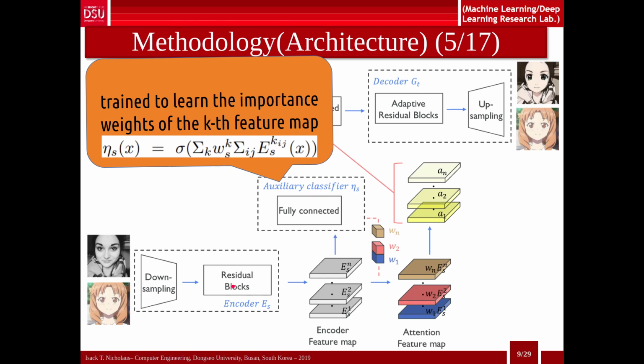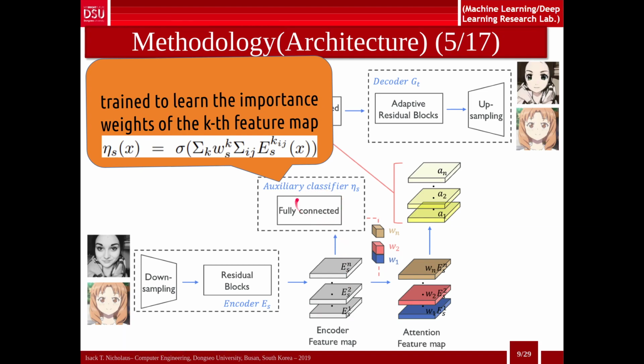So after seeing the residual block, these two, downsampling as well as the residual block, form what we call the encoder in the generator network. The output of the encoder, in which each encoded feature map represents the given input, we will feed to the auxiliary classifier.